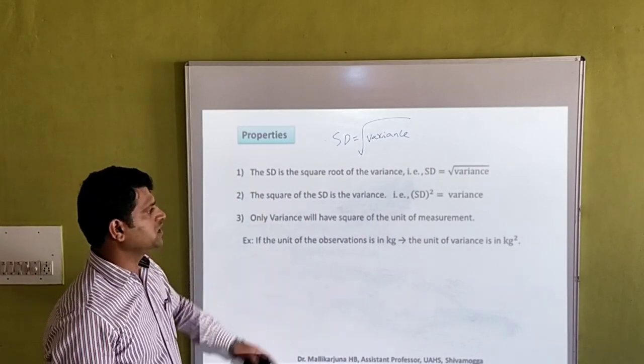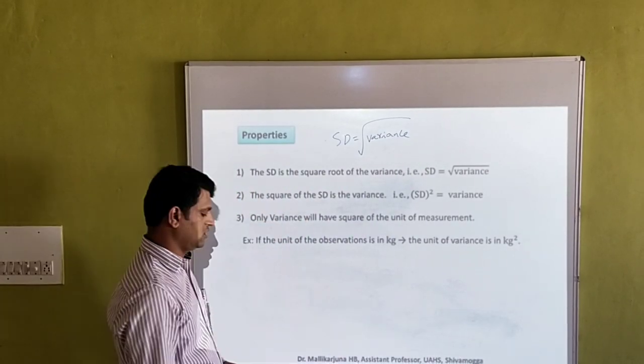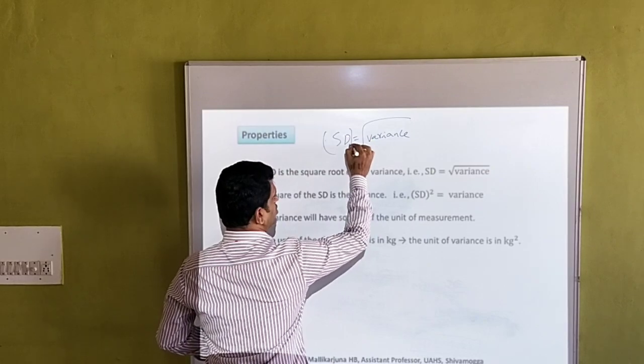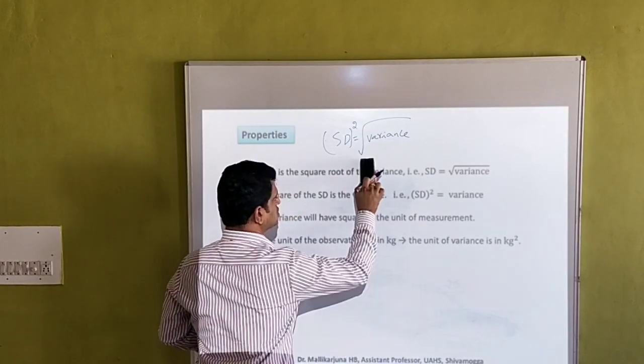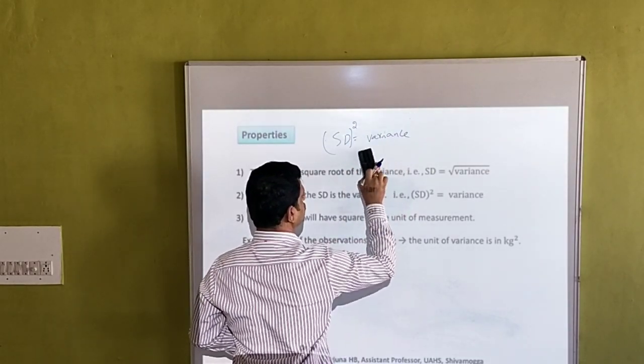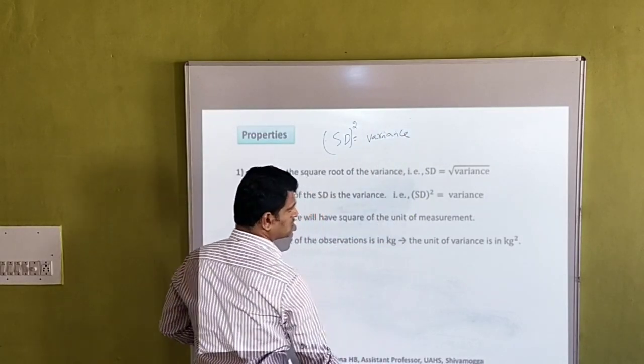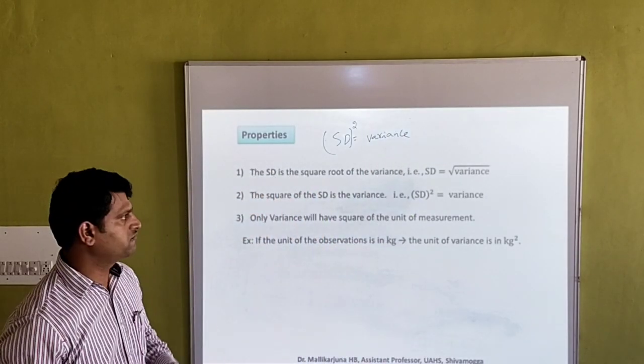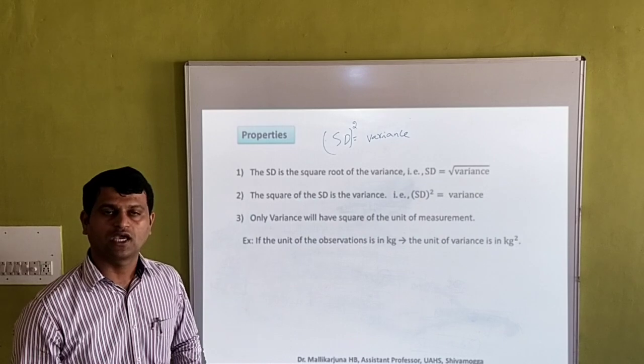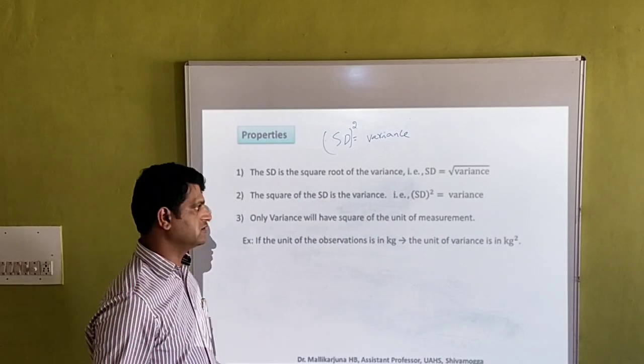And the second property: the square of the SD is the variance. Of course, if I use square here, this square root is removed. If I calculate in both ways, I can find out standard deviation or variance.